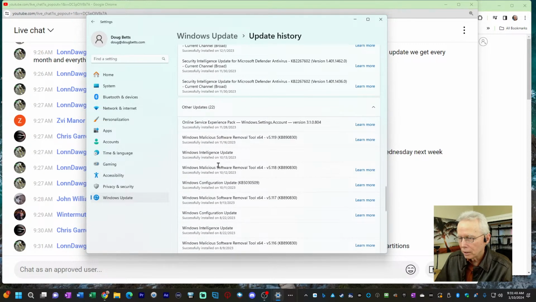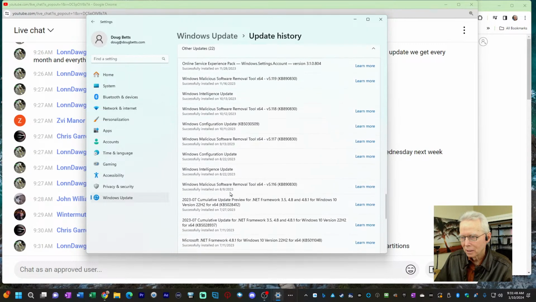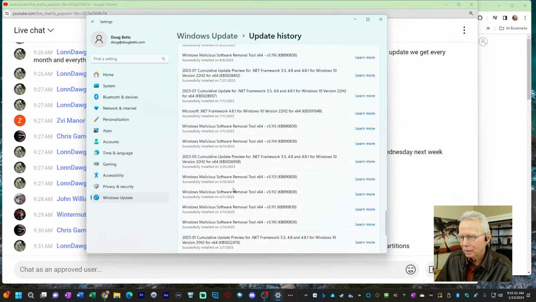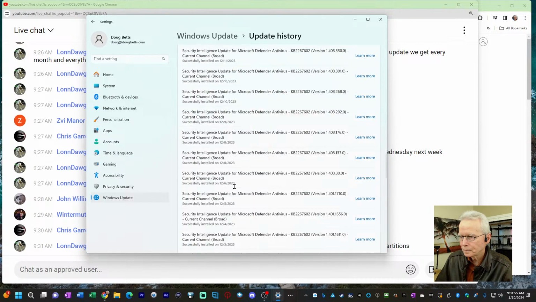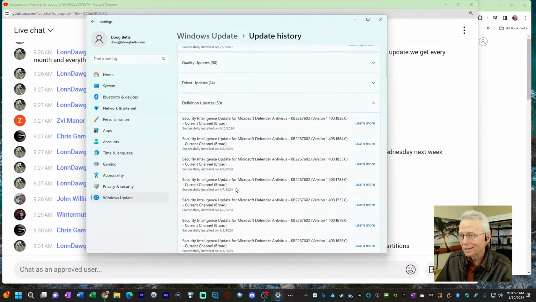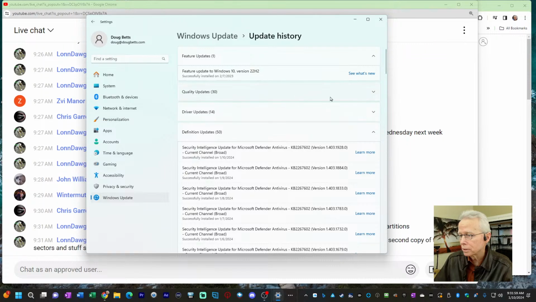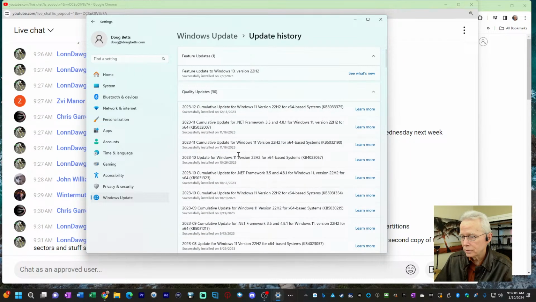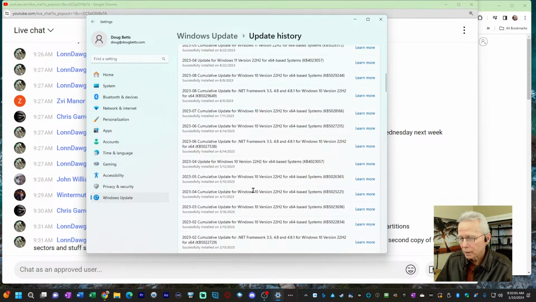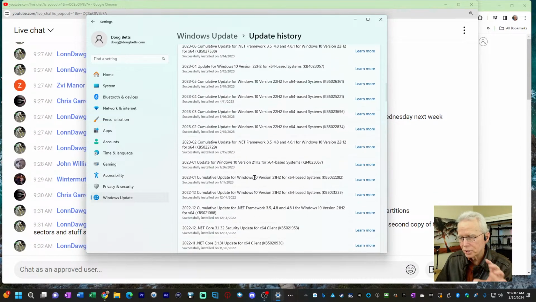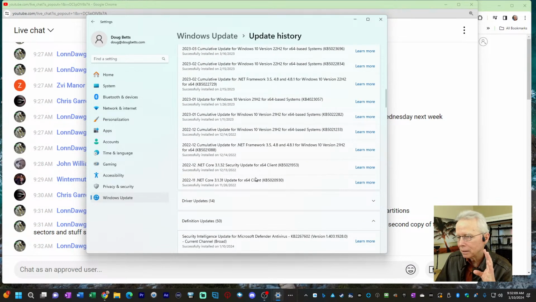Let's see down here. Here we have Windows Intelligence Update. So now they're using the word intelligence, not with security, but with Windows. Do we get a security update in here somewhere that doesn't include the word intelligence? In quality updates, we get cumulative updates. So quality updates are separate from security in my mind.